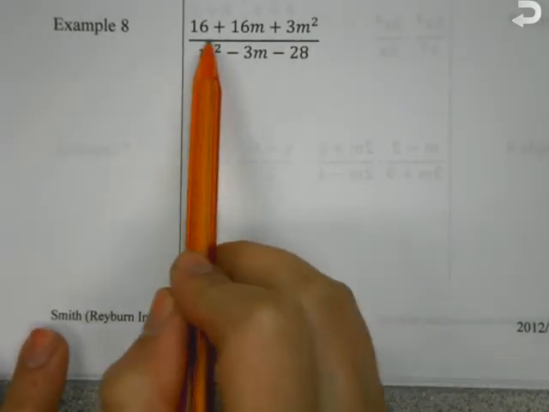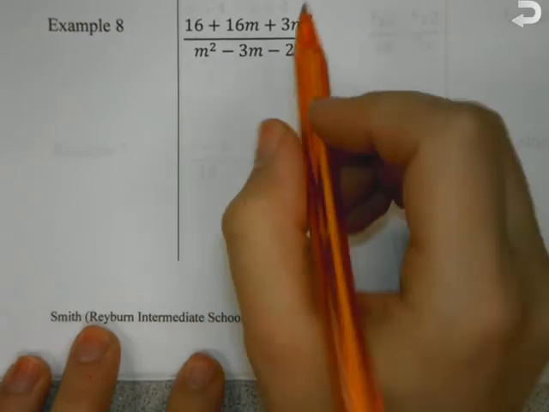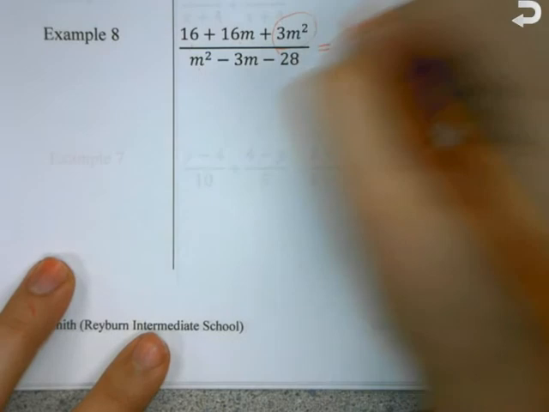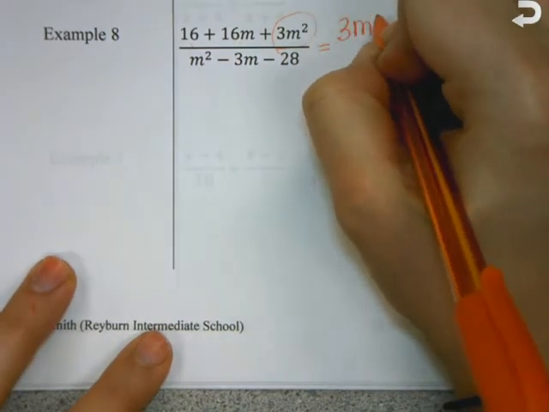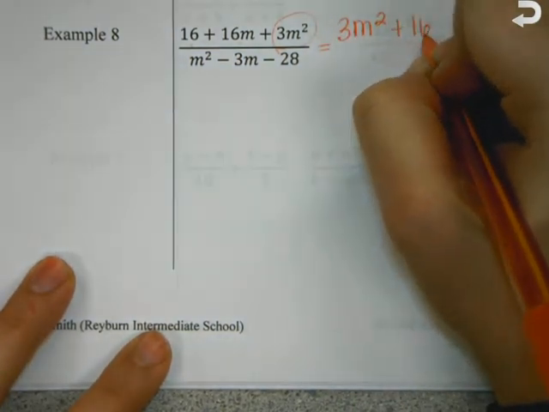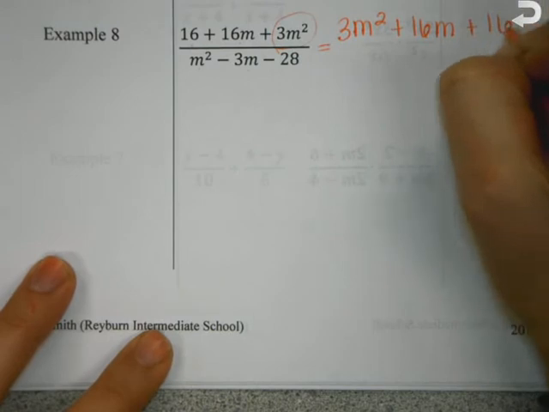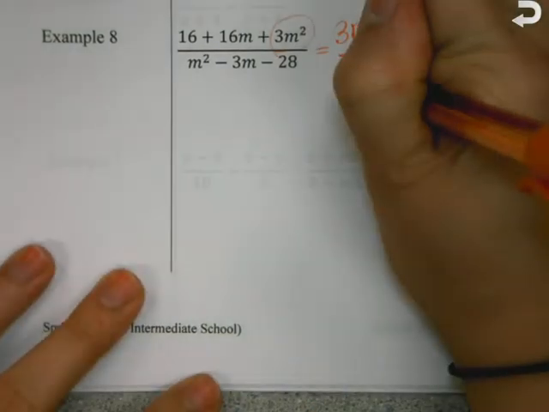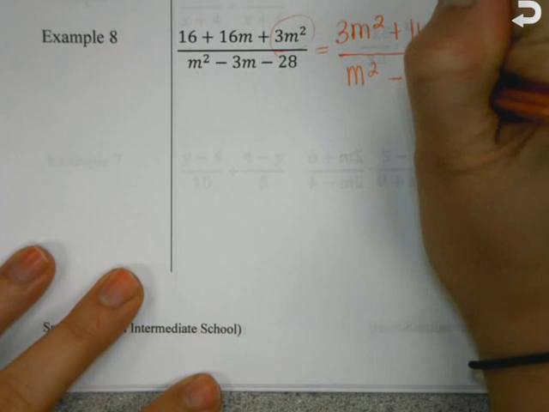Yeah, that 3m squared is in the back and it should be in the front. So we can reorder them. That's okay. So let's reorder it first. 3m squared plus 16m plus 16 all over m squared minus 3m minus 28. So all I did was reorder it.